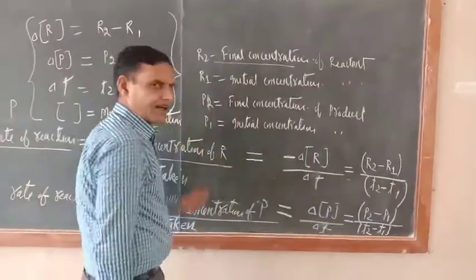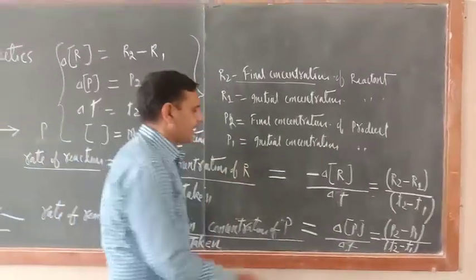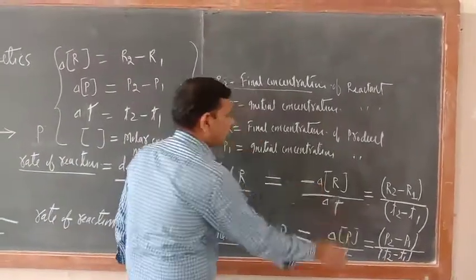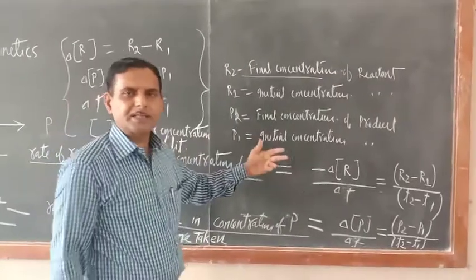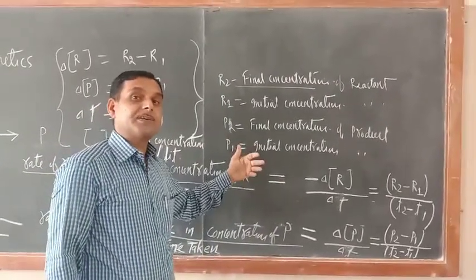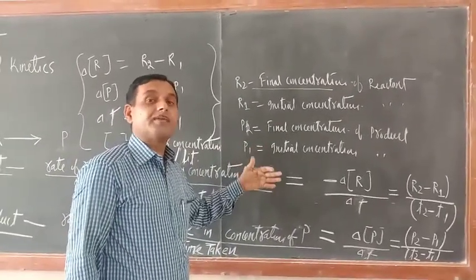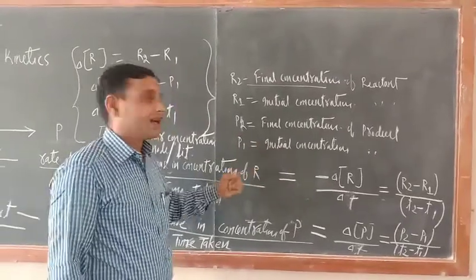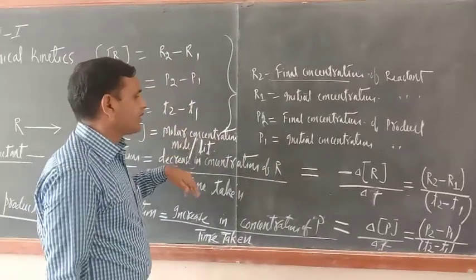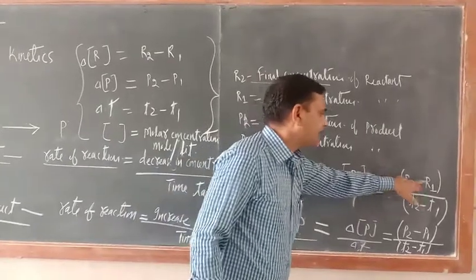We can write. Now here one thing is there. I put a minus sign here. Why did I put a minus sign here? The minus sign must be there with respect to the rate of reaction of reactant. Why? Just see here what you have written, R2 minus R1.